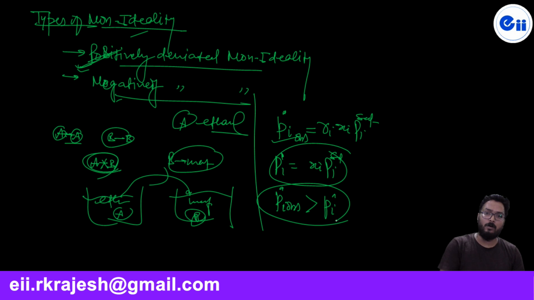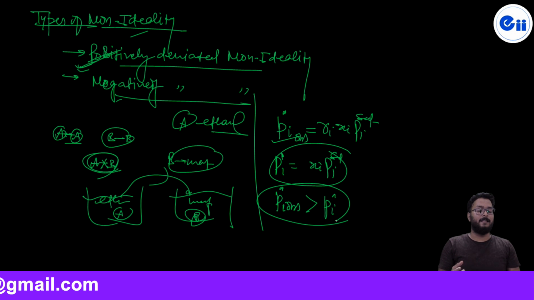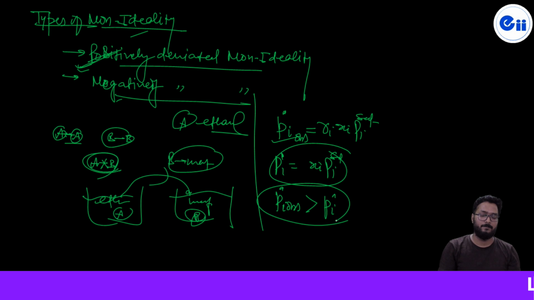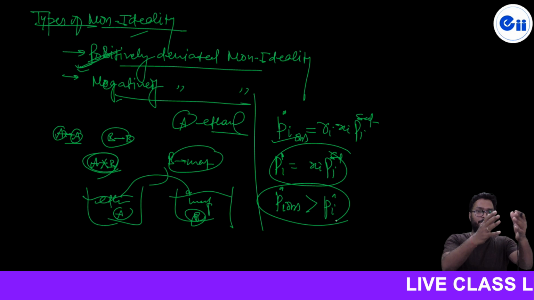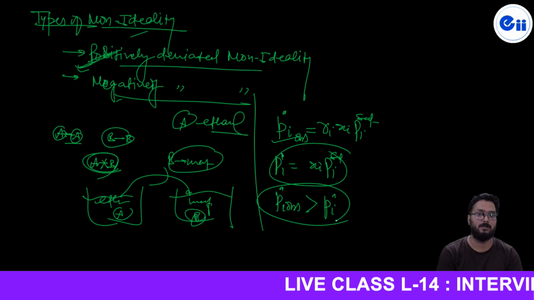And why is it more? The reason is that molecules A and B repel each other in the liquid mixture, and that's why they are more comfortable in the vapor phase, and that's why the equilibrium partial pressure is going to be more than what we have calculated by the ideal Raoult's law. This is the main reason.